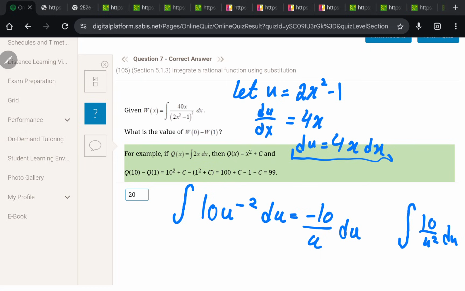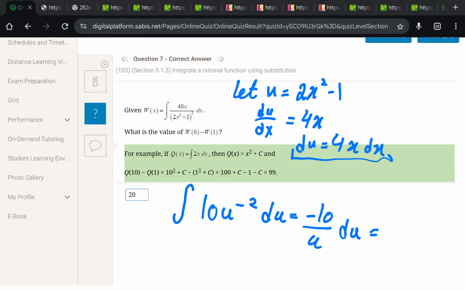Okay, now all we really have to do is plug u back in. Just as a recap, because I think some of you might have gotten confused: here we have minus 2. Minus 2 plus 1 is minus 1, because minus 2 is negative, plus 1 positive. So you're going to have u to the power of minus 1.